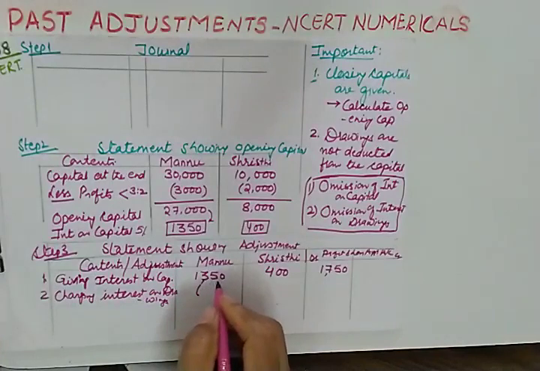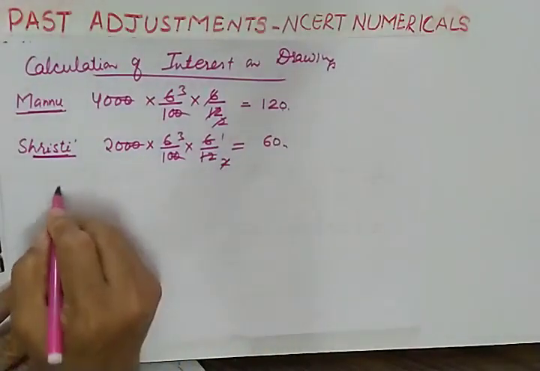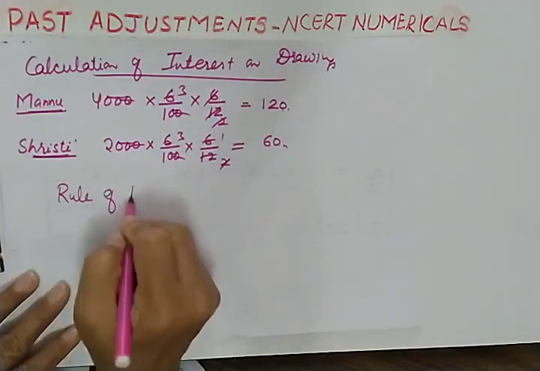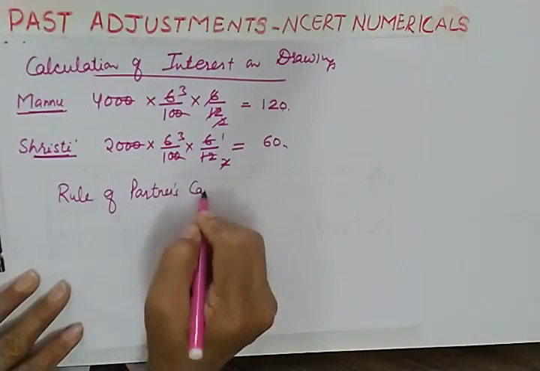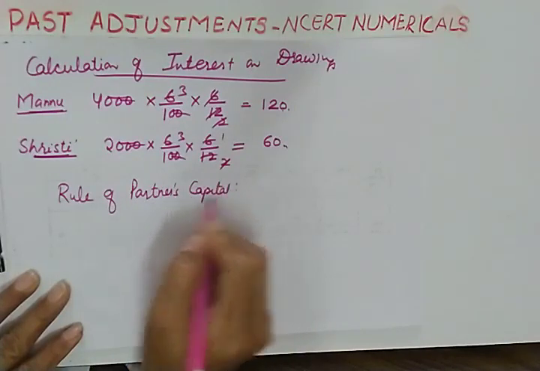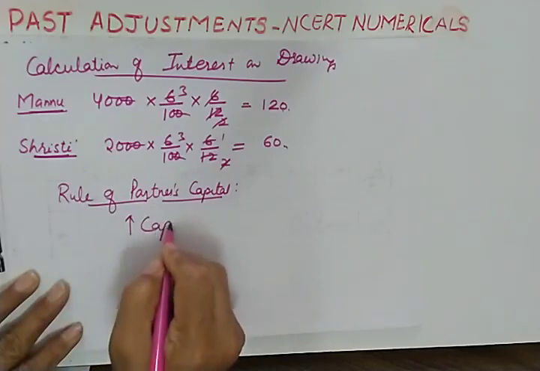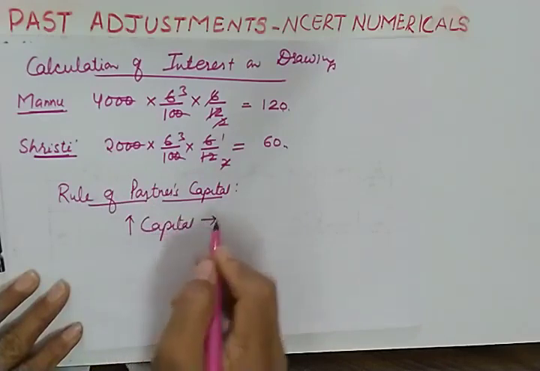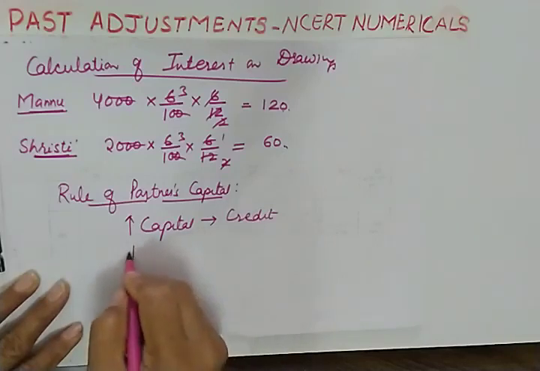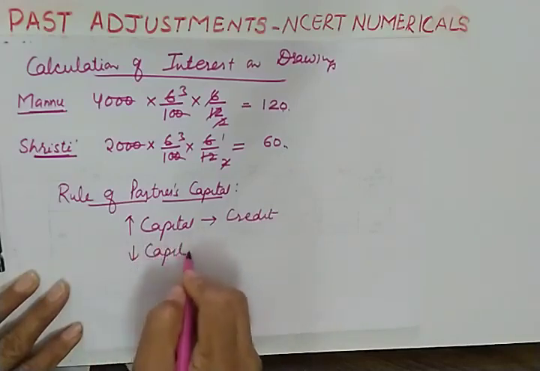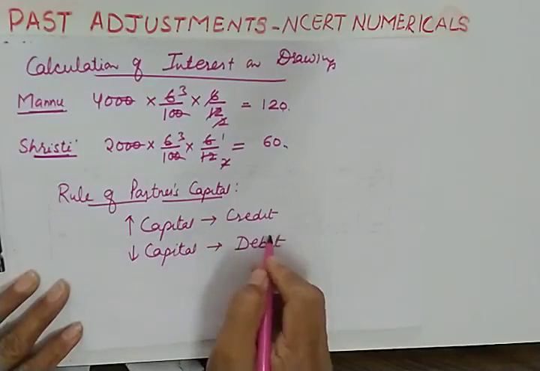So these are the two amounts of interest on drawings. It's a negative item. You already know the golden rule of partner's capital account: if you want to increase capital, give credit. If you want to decrease capital, give debit.